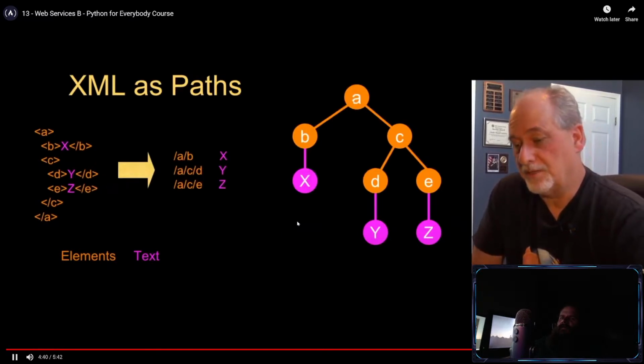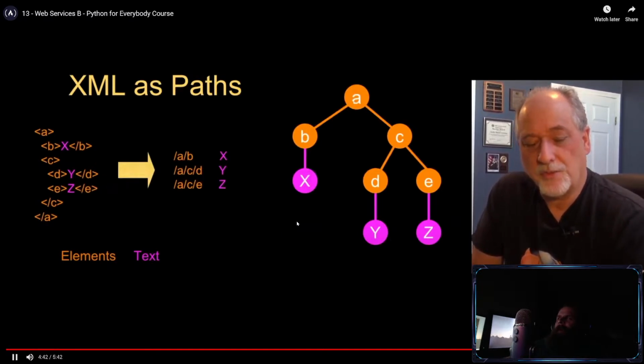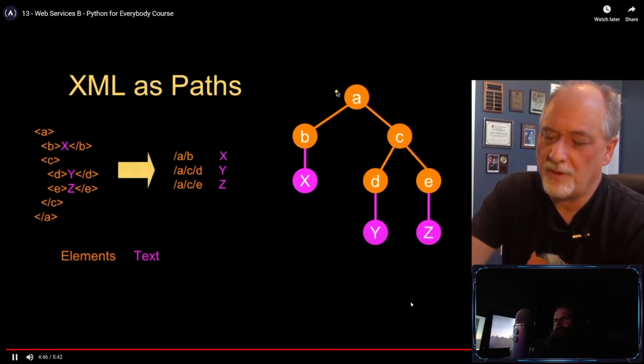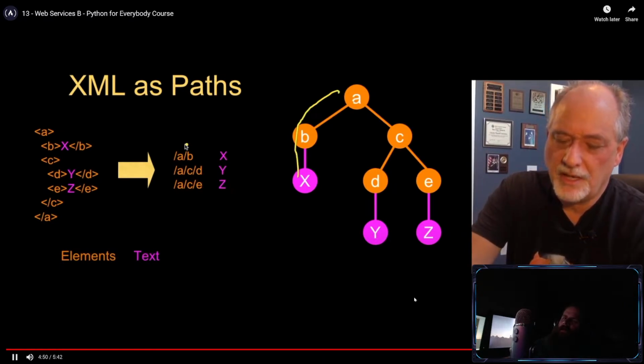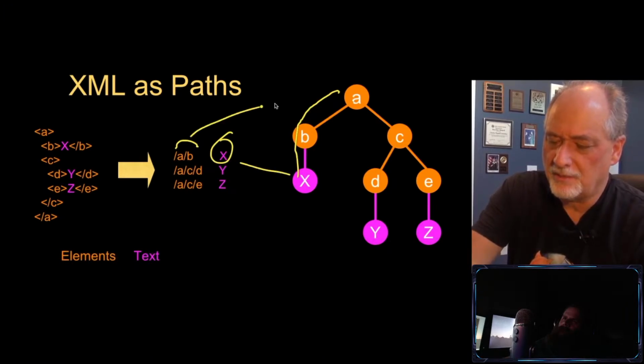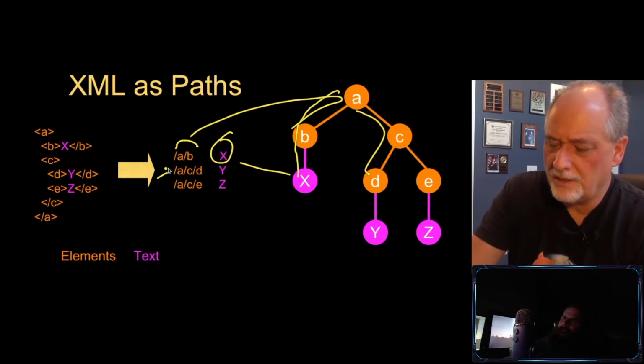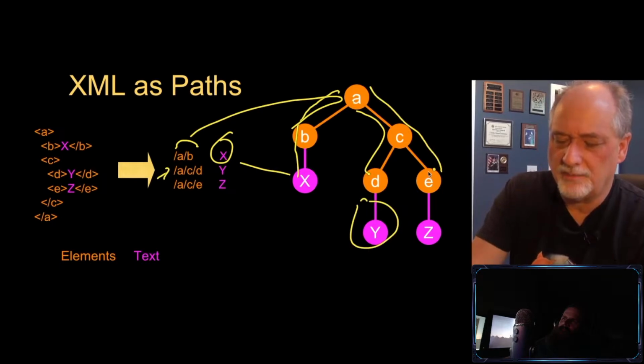You can also think of XML as paths, and the easiest way is to sort of look down this tree version and look at the path from the parent. So you go to A, then the child B, and then X. So at position AB, you find X. So AB is the path up to the root. So ACD, that's this one, is the path to Y, and ACE is the path to Z. And so you can think of these as paths.